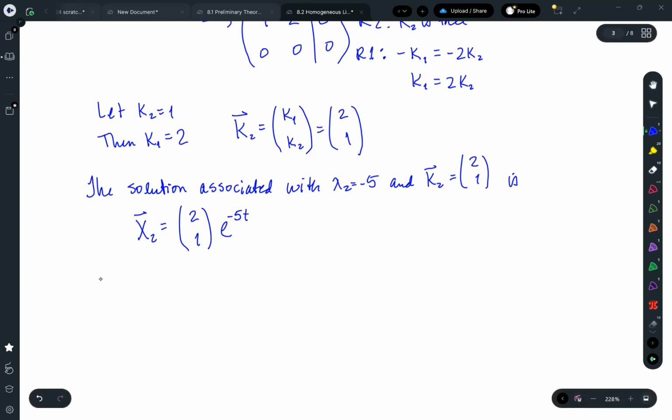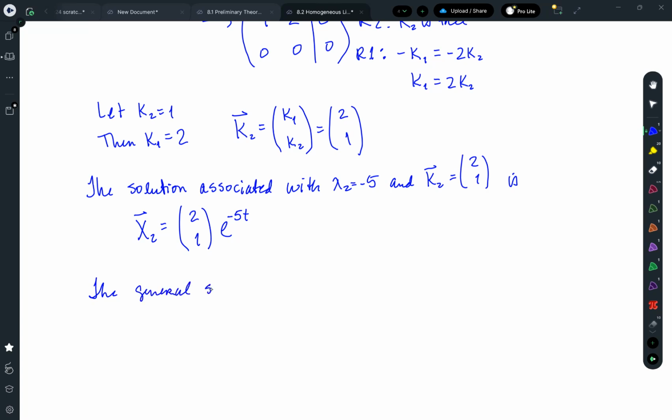We can now form the general solution to the system, x with a hat on it, is equal to c1 x1 vector plus c2 x2 vector.